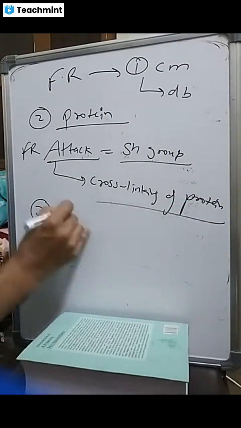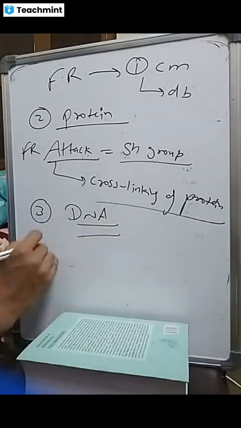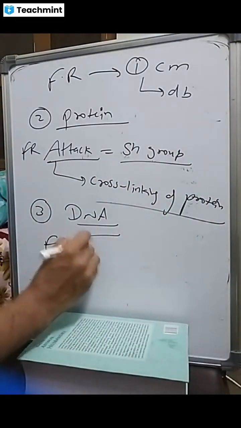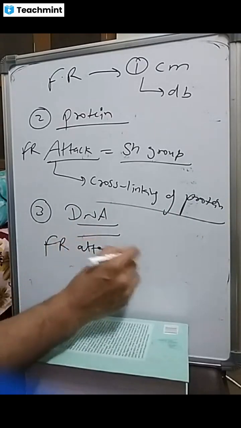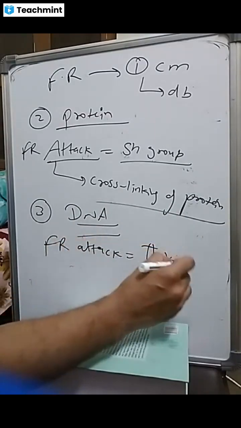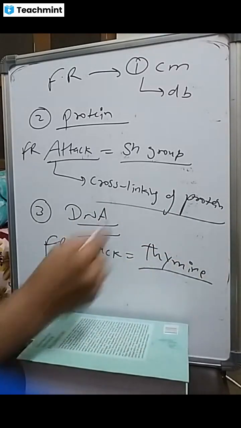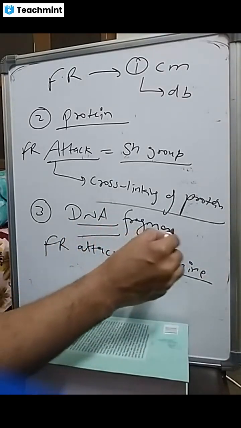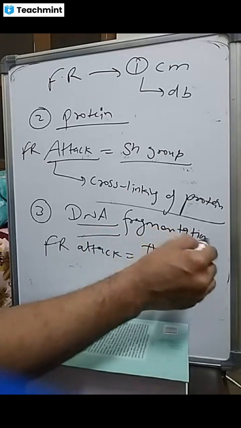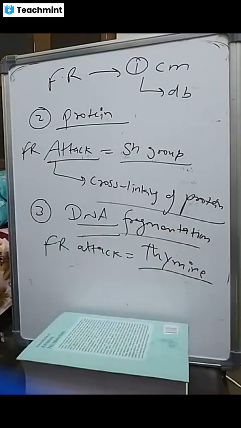Third target is the DNA. In DNA, free radicals attack the thymine nitrogen base, thymine, and cause DNA fragmentation.